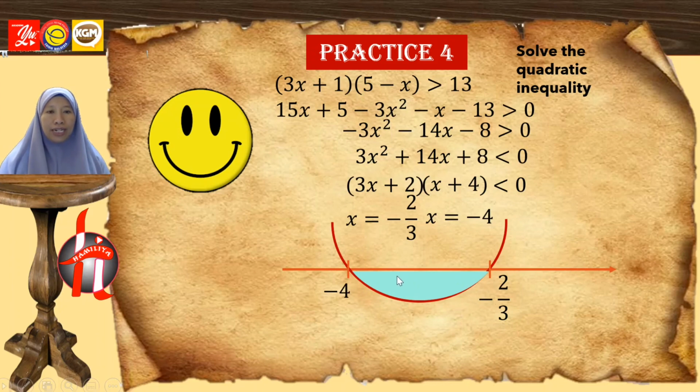Okay, finally we determine the range of x values is between negative 4 and negative 2 over 3. So x is greater than negative 4 and less than negative 2 over 3. So this is our final solution for this inequality.